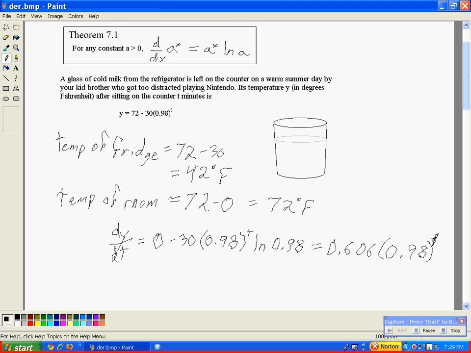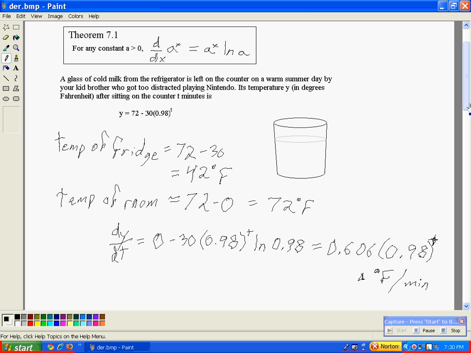Now this is the change in degrees Fahrenheit per minute. That's what this formula represents.